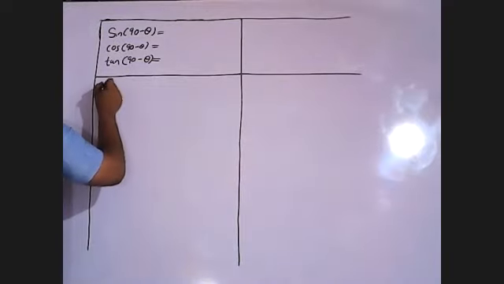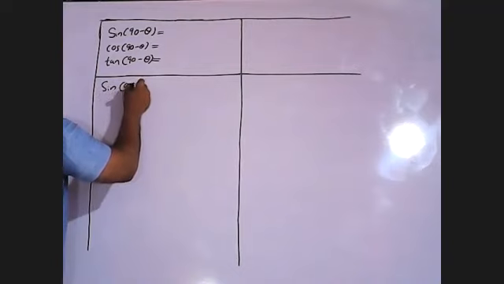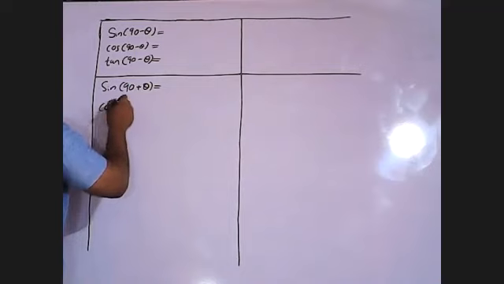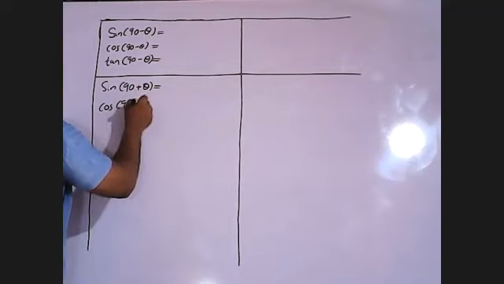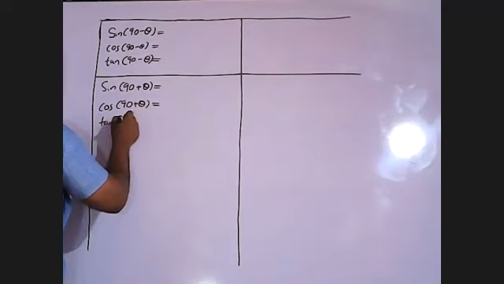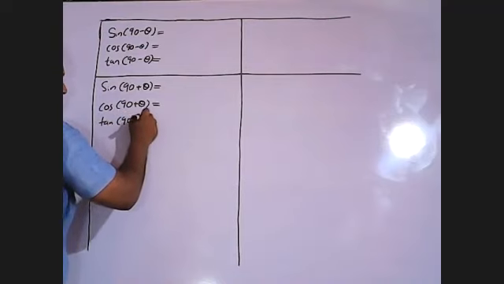Then sine 90 plus theta, cos 90 plus theta, and tan 90 plus theta.